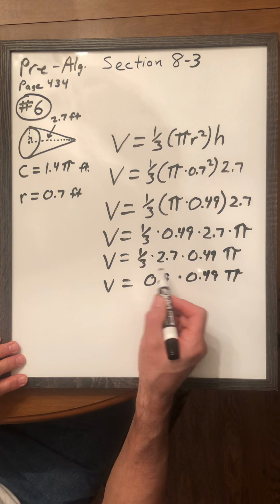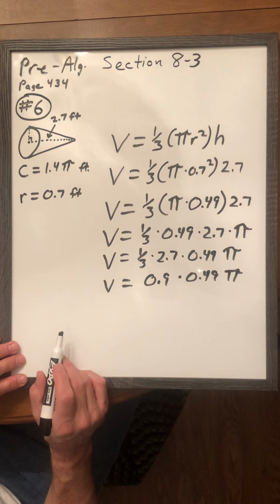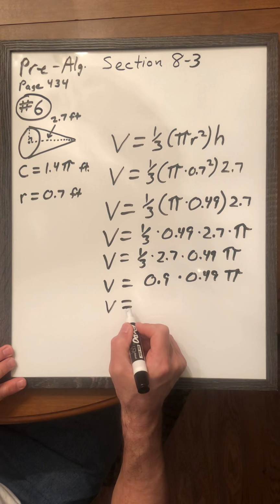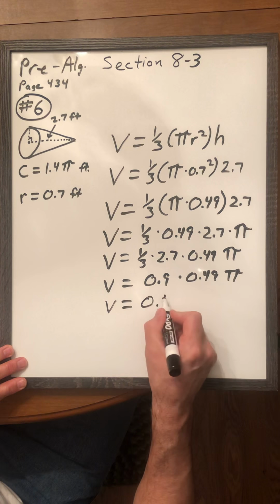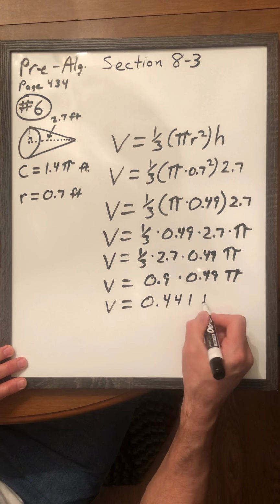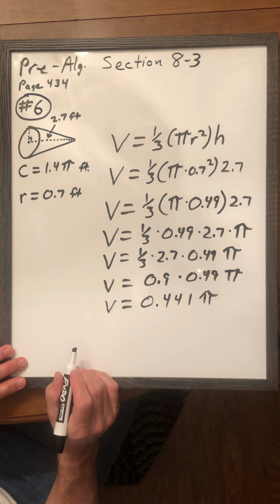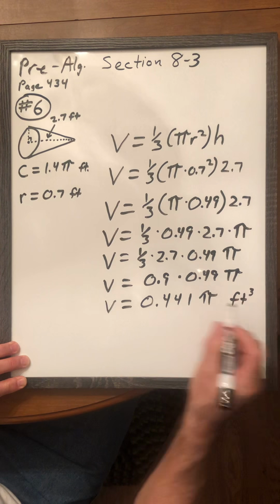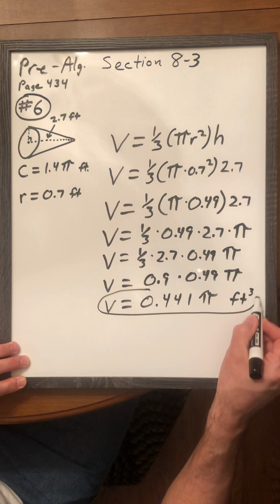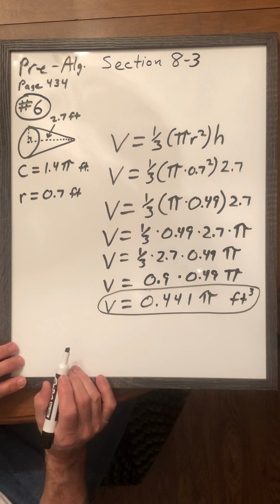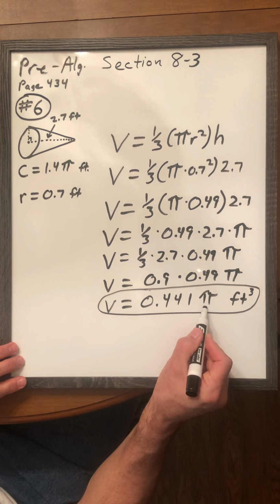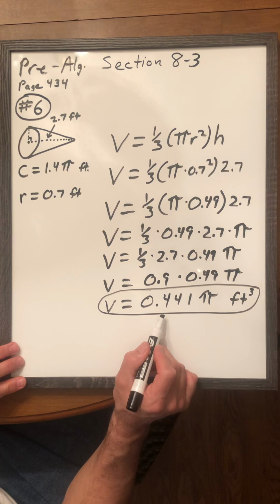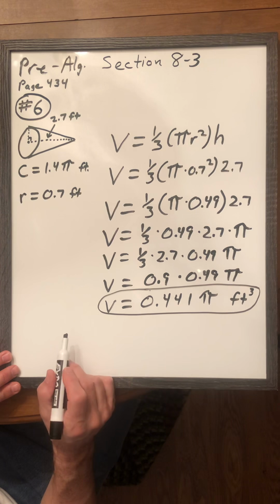So 3 went into 2.7 0.9 times, and now we multiply these two together, and that gives me 0.441 pi. It said to leave it in terms of pi, so I'll write feet cubed, and we leave our pi symbol in our answer. And so the volume was 0.441 pi feet cubed.